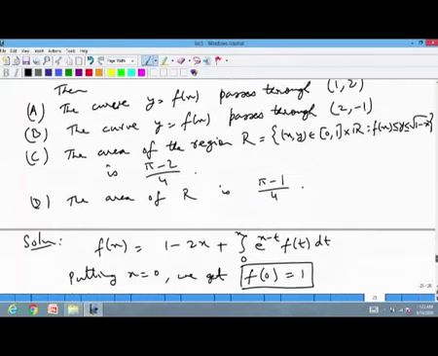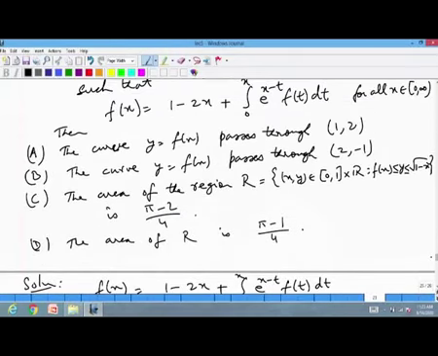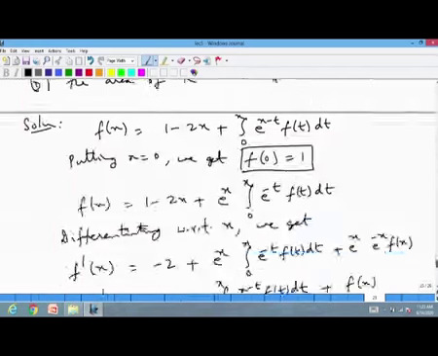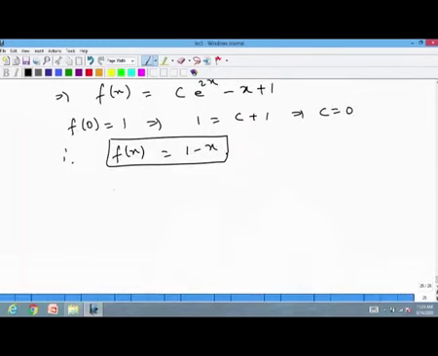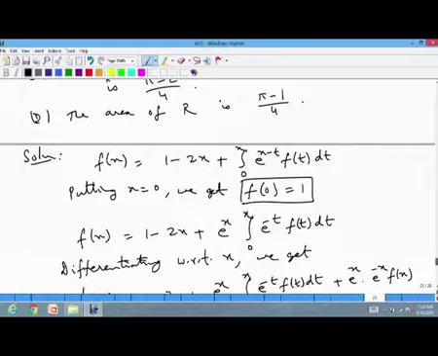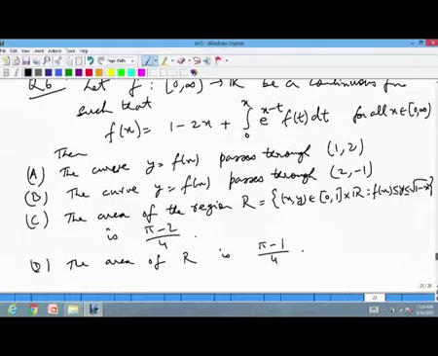Now, let us look at the options. The first option says that the curve y equal to f x passes through the point 1 comma 2. So, what is f of 1? f of 1 will be 1 minus 1 equal to 0. So, the curve passes through the point 1 comma 0, not 1 comma 2.